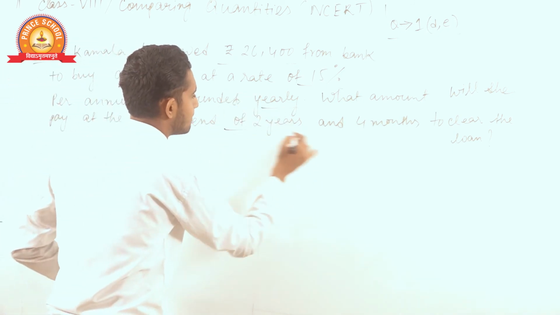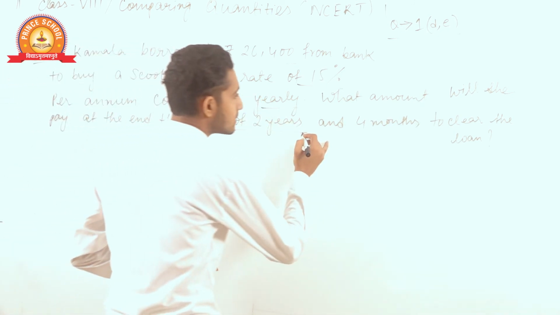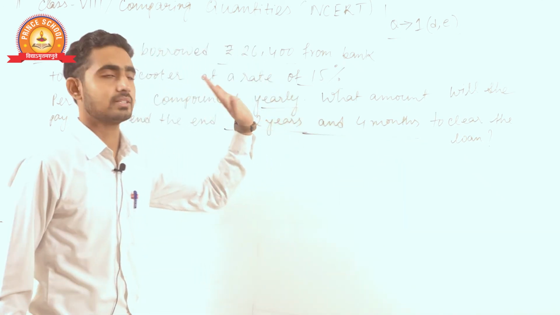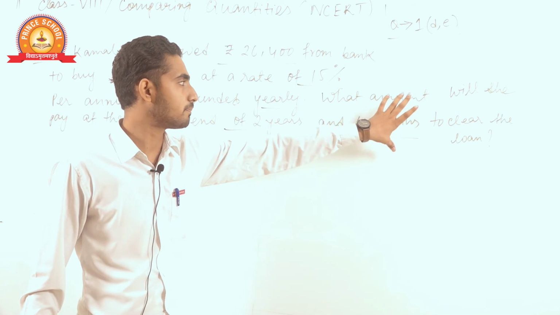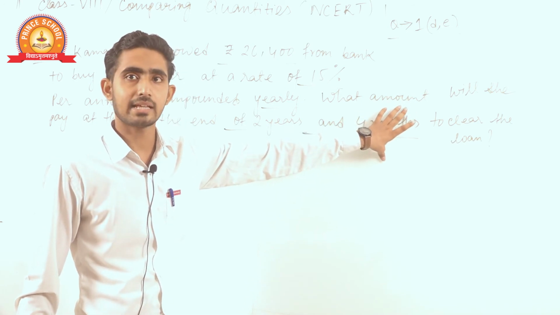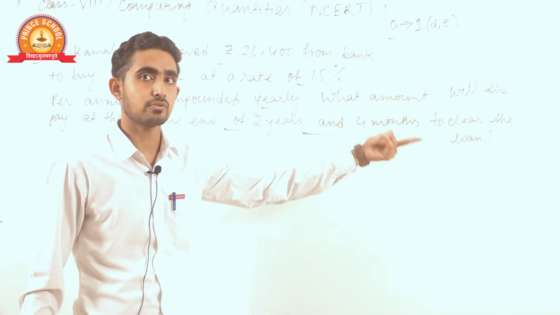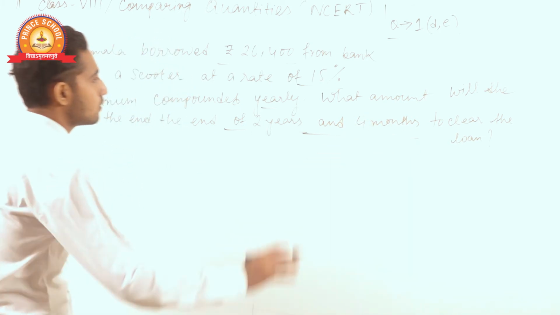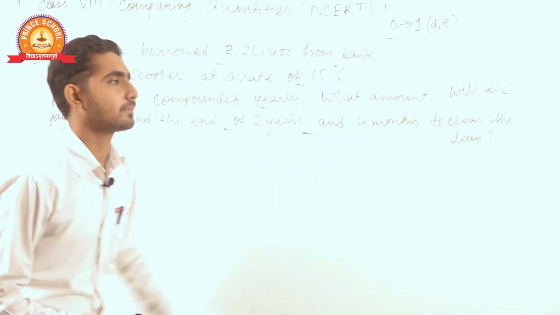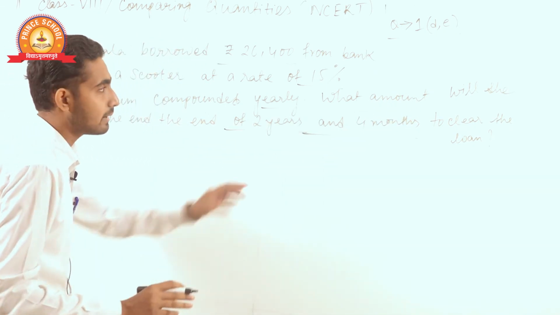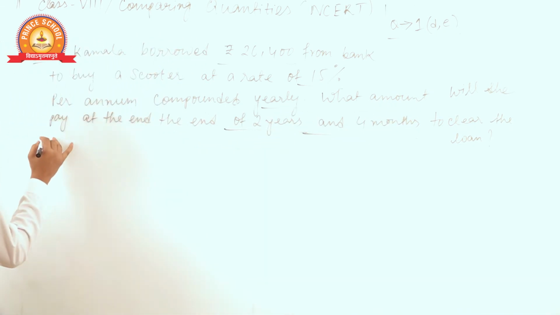That means this is time. 2 years is given, sorry, 2 years 4 months. This is very important. When this type of extra month is given, you already know how to find it for months. So in your question we have to find only the amount, not the CI. Now see the solution.